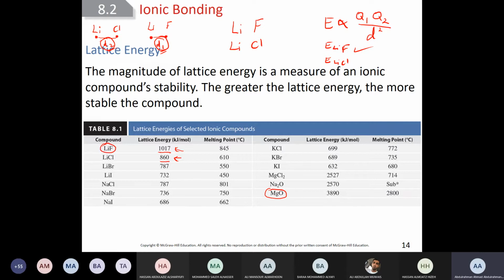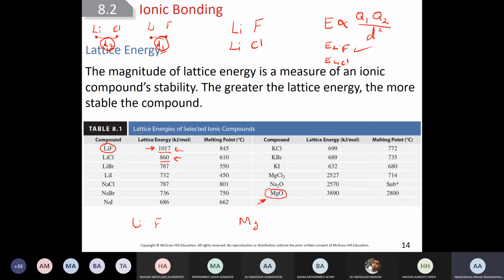Fine. Let's compare MgO and lithium fluoride. What's the value for lithium fluoride? 1070. What's the value for MgO? 3890. Assume, it's not exactly, but they're very close.